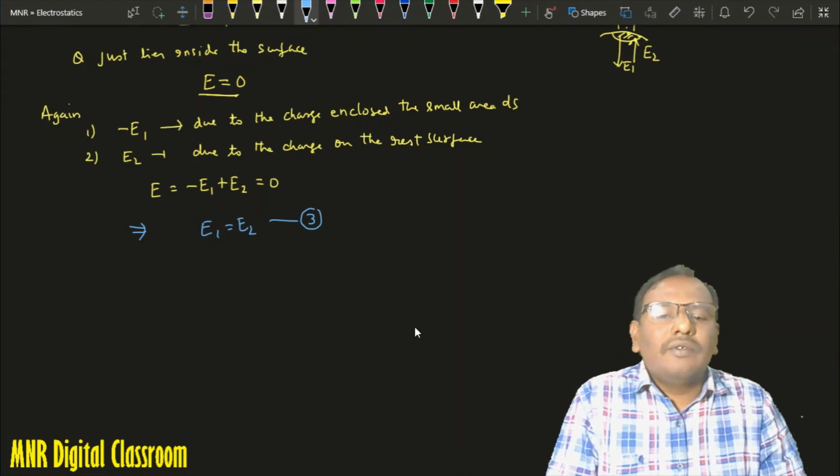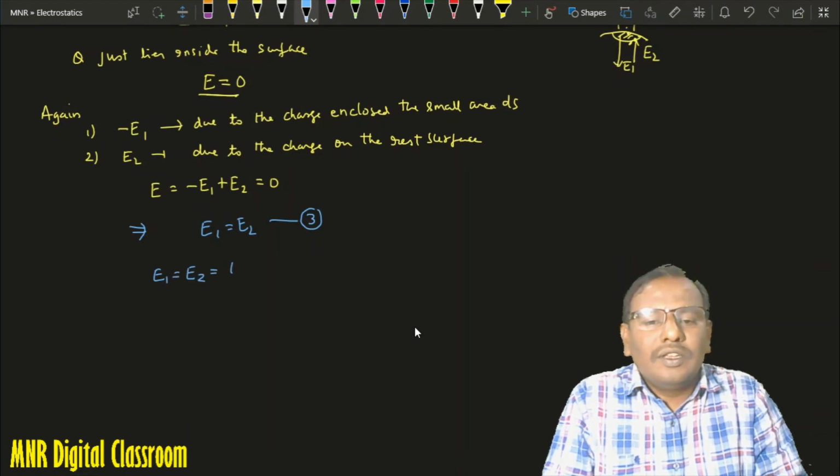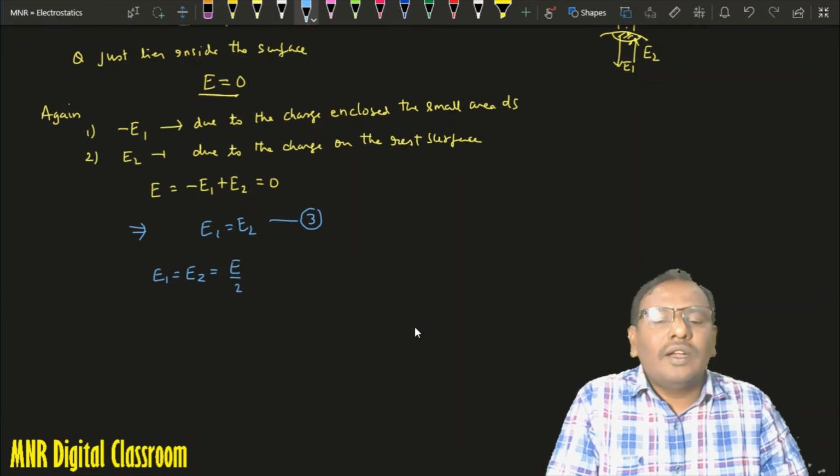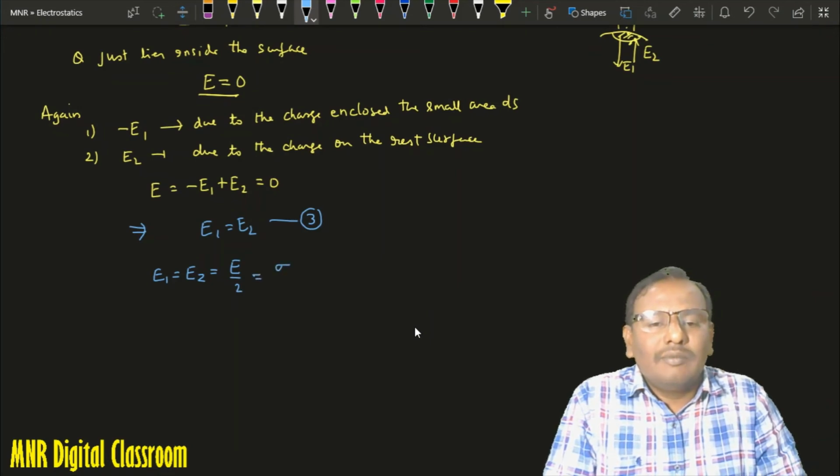Now, from equations 2 and 3, we can write E1 is equal to E2, which is equal to E by 2. But we know that E is equal to sigma by epsilon naught. Therefore, we can write this as sigma divided by 2 epsilon naught. Call this equation 4.